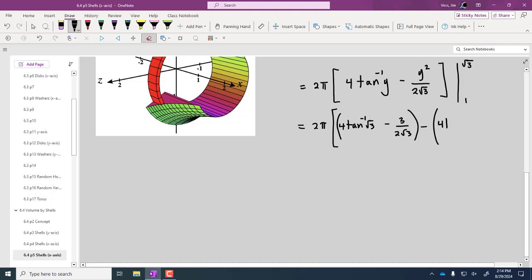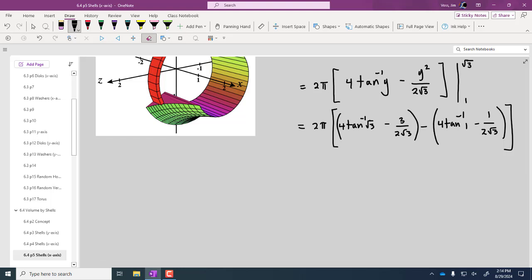So we have 4 times arctan of 1 minus 1 divided by 2 root 3.